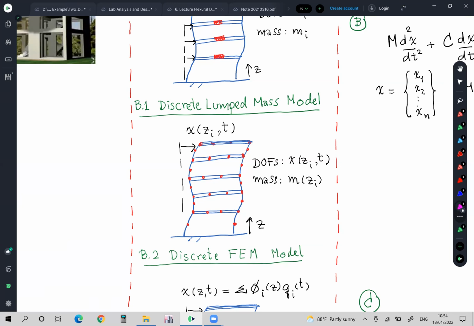So at every node, you will have mass, along the x direction, along y, along the vertical direction, and also the rotational inertia, or rotational mass as they call it. It's quite a complicated mass system in this finite element model.